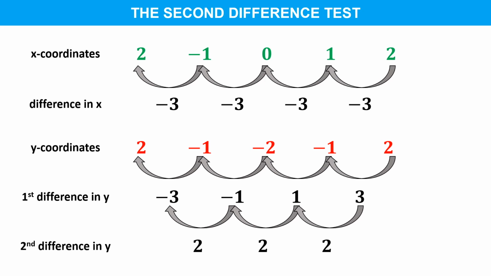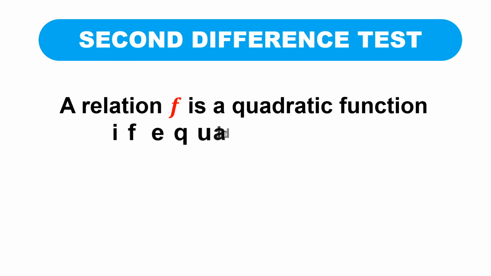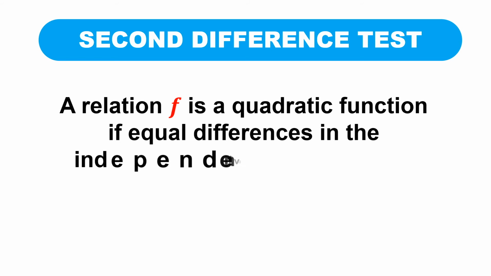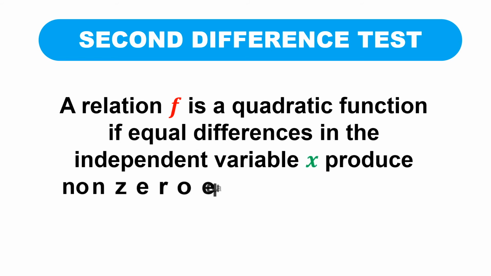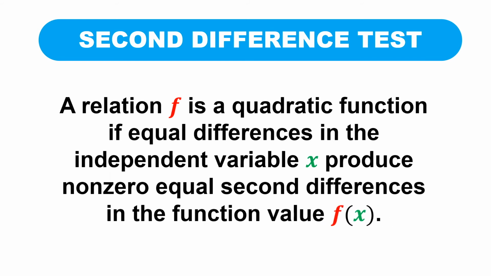This phenomenon is true to all quadratic functions, and this can be used to identify whether a relation expressed in ordered pairs or in tables is quadratic or not. Let's formalize it. A relation f is a quadratic function if equal differences in the independent variable x produce non-zero equal second differences in the function value f of x. This is the so-called second difference test.